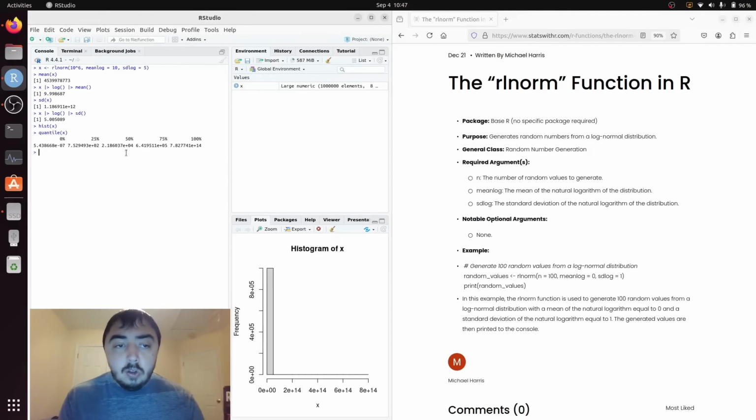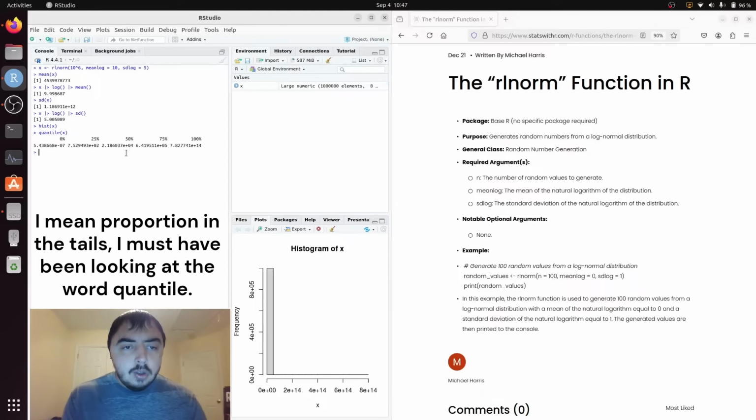Okay, as in all of the random value generating distributions, I'm going to get a quantile. So let's say we want what percentage of these values are above 1 million. It's clearly there's going to be a certain proportion above 1 million, probably around 20%, but let's see.